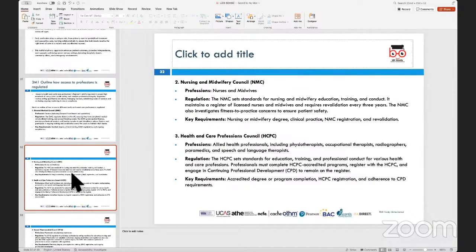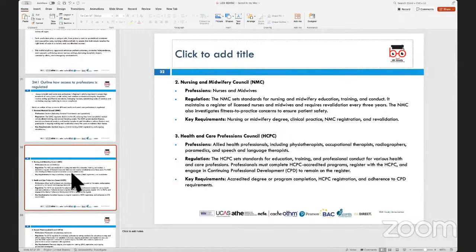Then you have the same applicable for nursing and midwifery. Here, obviously, they look at regulating the nursing and midwifery sector. They are responsible for legislation, regulation, monitoring, and compliance. When you are registered with the Register of Licensed Nurses and Midwives, that requires a revalidation every 3 years. For the GMC, it's I think 5 years.